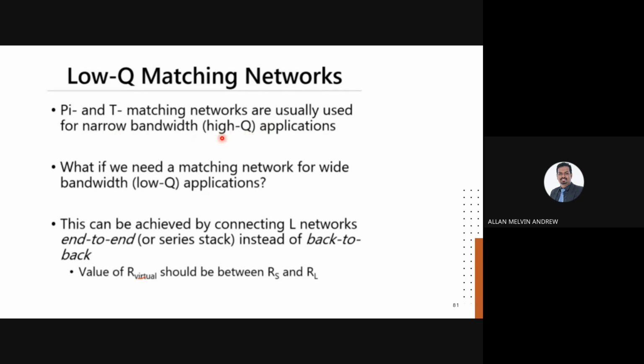Narrow bandwidth, as I already explained, means the frequency range is narrow. So what if we need a matching network of wide bandwidth? Wide band means the frequency range is very high, and usually it is used for low quality applications.